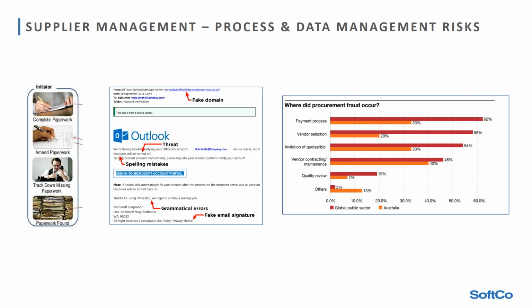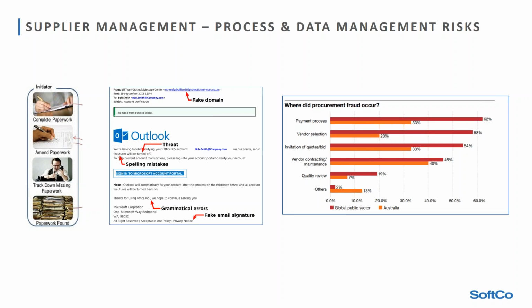So if you've got a service-based supplier, say for recruitment or marketing, many companies are experiencing a lot of fraud and threats in relation to fake emails coming in, where you've got an email coming in very professionally laid out from an active vendor in your area. So it might be a printing company or an advertising company that you currently deal with.